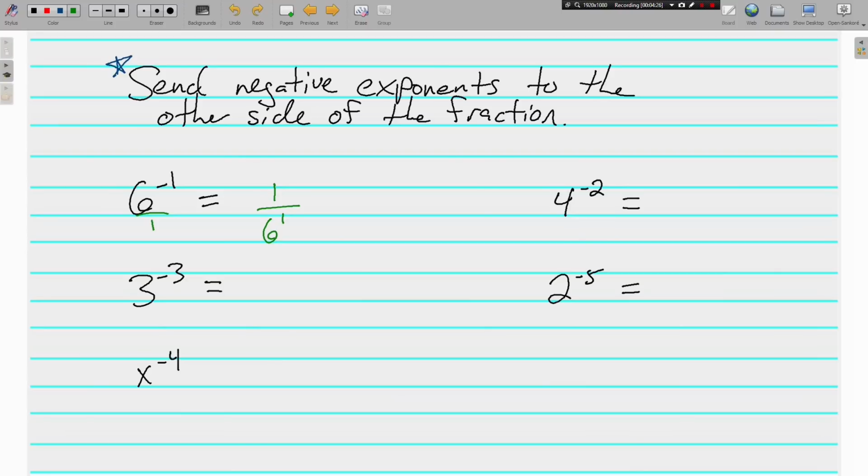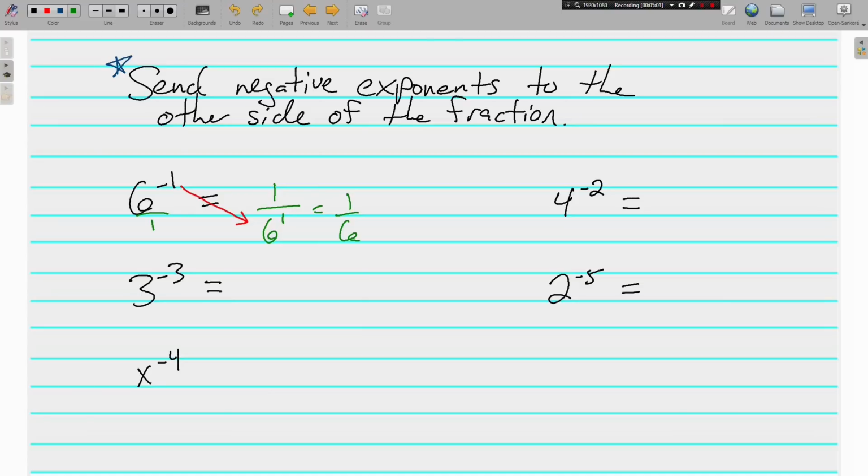When you send it to the other side of the fraction, the exponent is not negative anymore. Okay? 6 to the negative first is the same thing as 1 over 6 to the first, which we can just say is 1/6. And if we were to make a table like we did on the first screen with 6 as the base, 6 to the negative first would be 1/6.